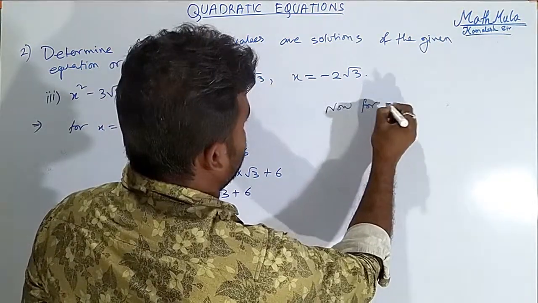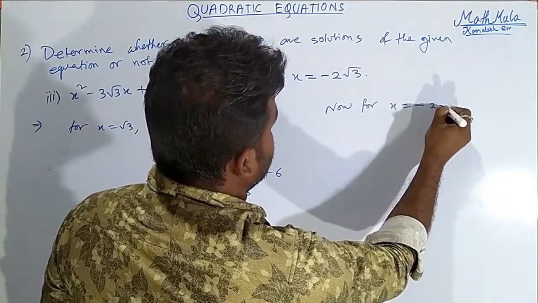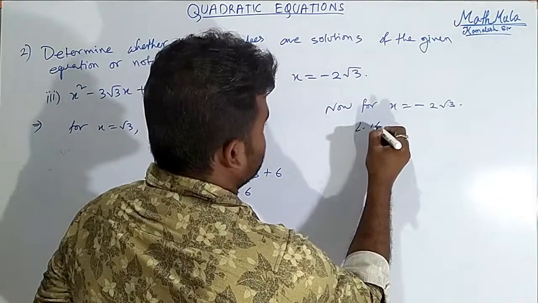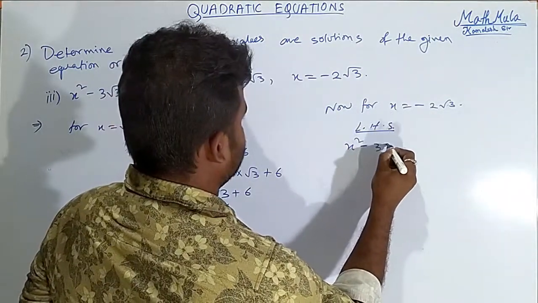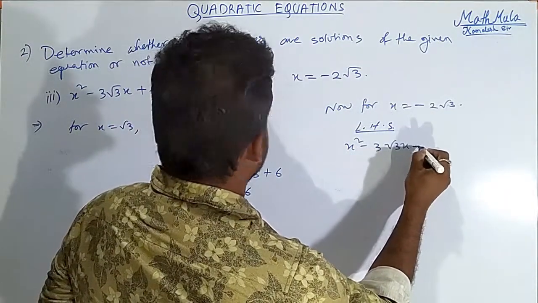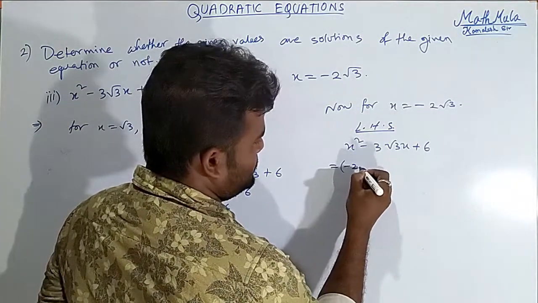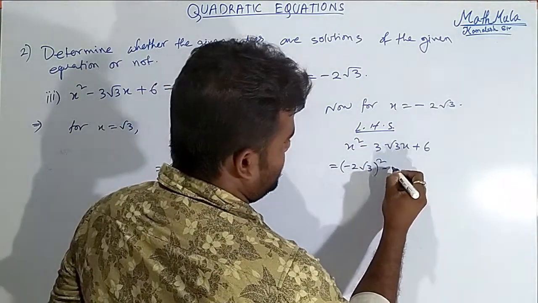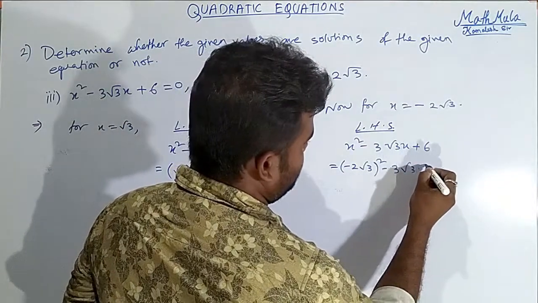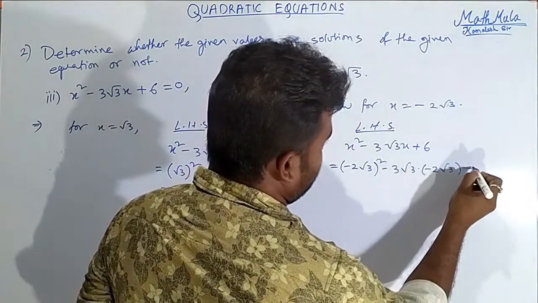Okay, for x equals to minus 2 root 3, LHS, that is x square minus 3 root 3x plus 6. Now put this value, this is equals to minus 2 root 3 whole square minus 3 root 3 into minus 2 root 3 plus 6.